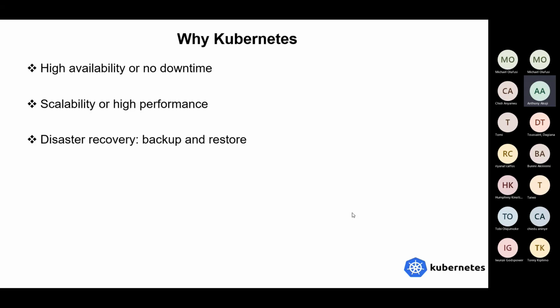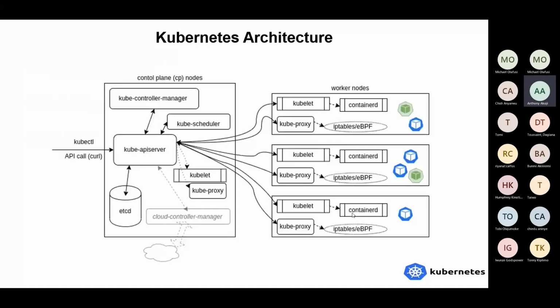Kubernetes backs up those things, and you can restore things from your application that went down, so it's a very good disaster recovery tool. So, going down to the architecture of Kubernetes.